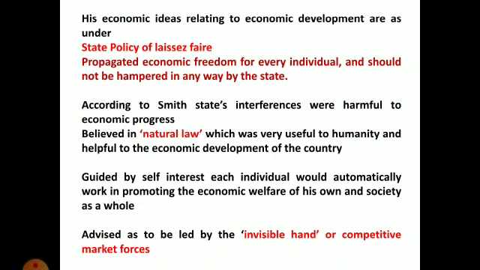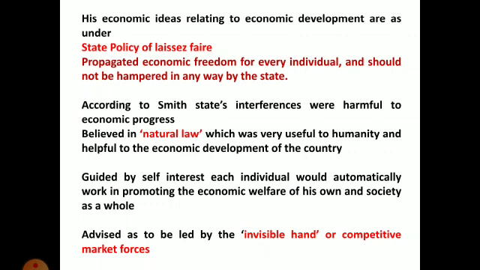First of all, he stressed the state policy of laissez-faire. Adam Smith was a strong propagator of economic freedom. As a tool of economic development, he advocated the state policy of laissez-faire.